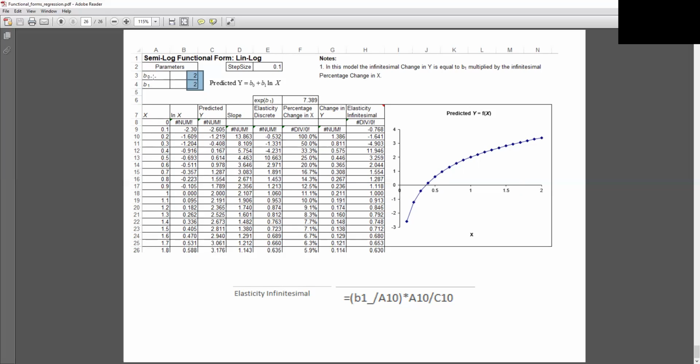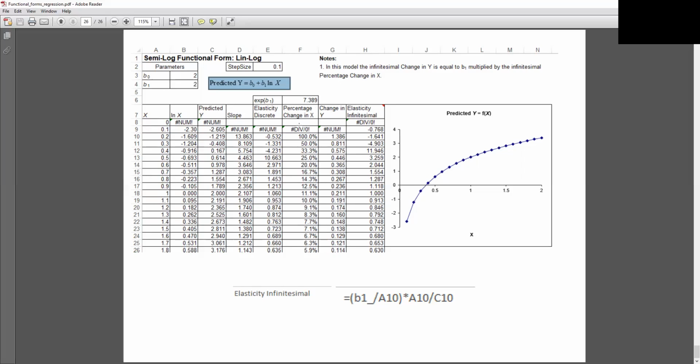Once you have them, you can use this functional specification to find predicted y, right? Then the slope: we know the slope is the additional change in predicted y for an additional change in x. Then we have elasticity discrete, which is the percentage change in predicted y to the percentage change in x.